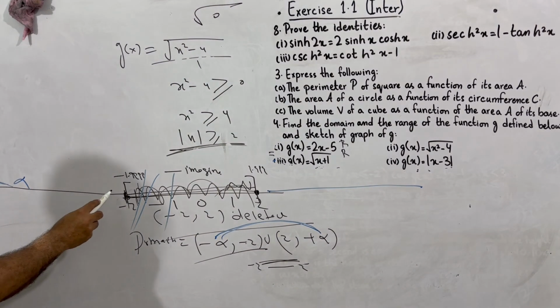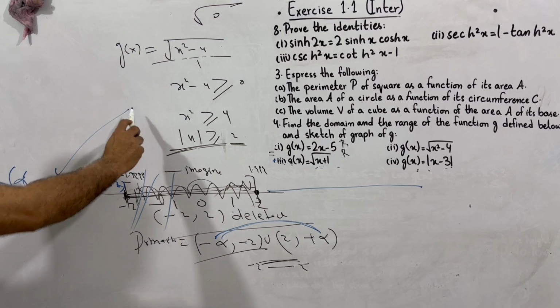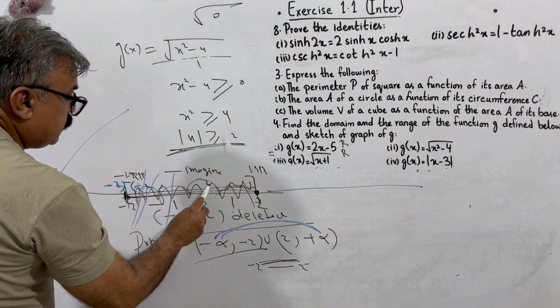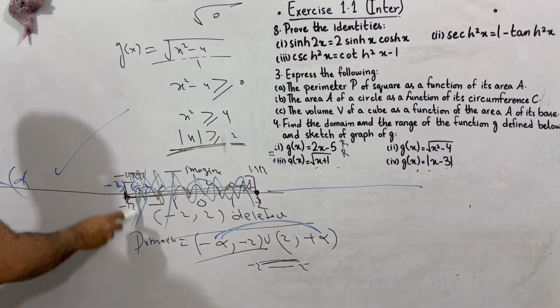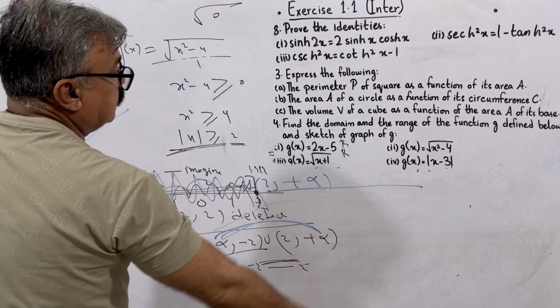Minus infinity to minus 2 is included. From minus 2 to positive 2 is excluded. Then from 2 to positive infinity is included.